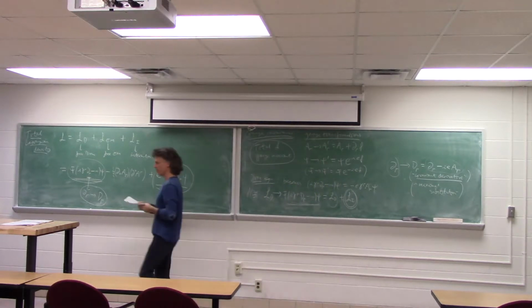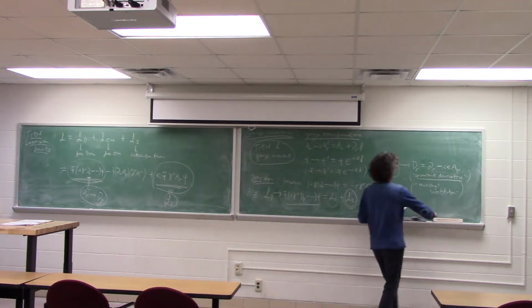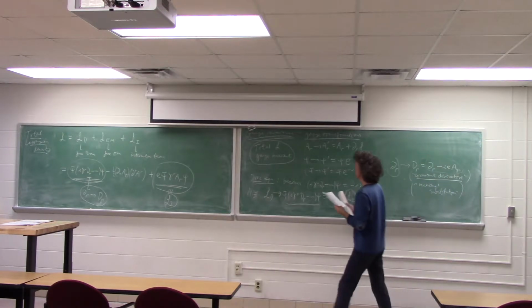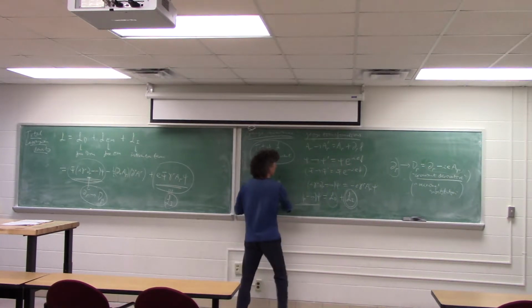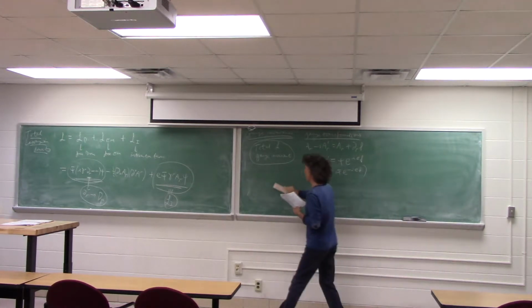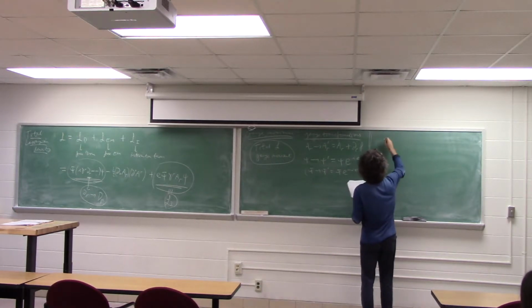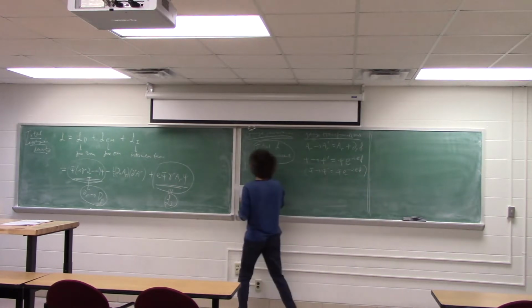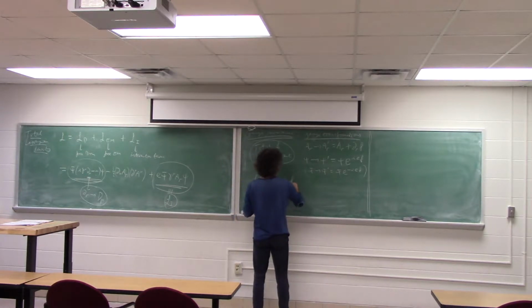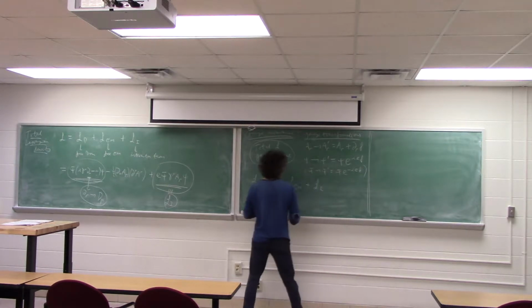Okay, so now we have a homework problem, for you to verify this. The total Lagrangian density is the Dirac Lagrangian plus the electromagnetic Lagrangian plus the interaction term.